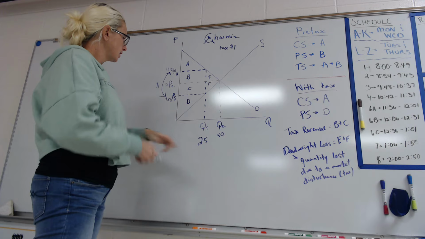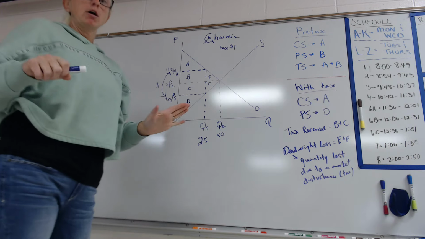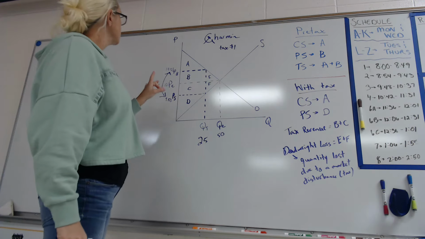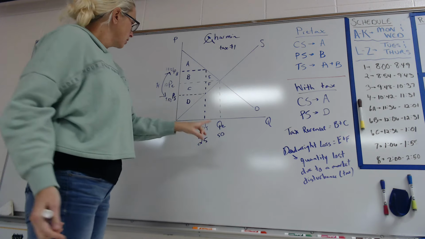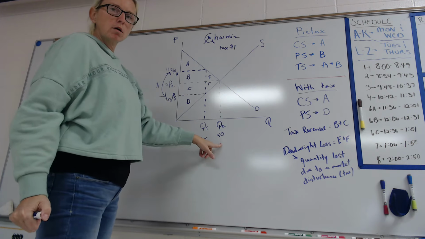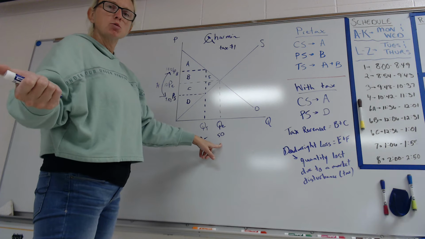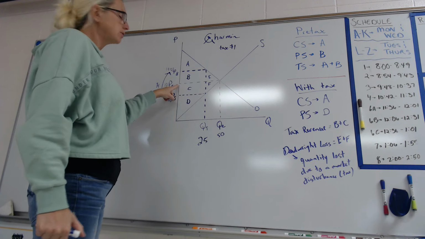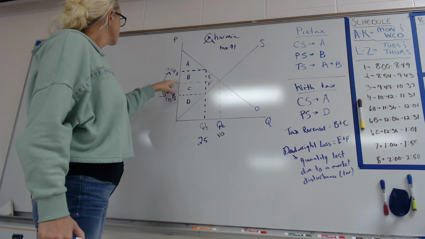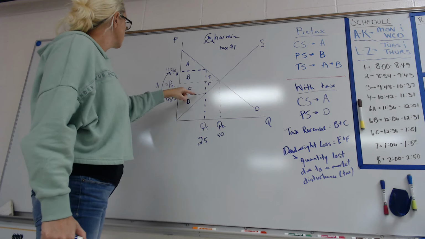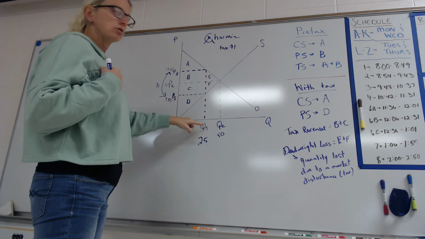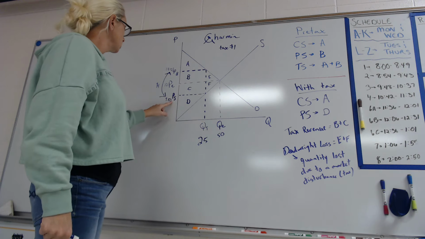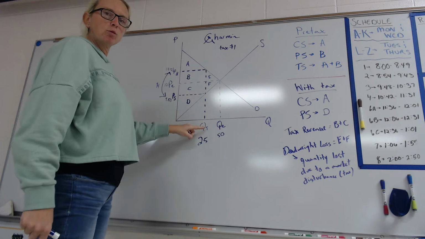So beforehand, before the government got involved and put in a tax, we see that in the market of Soviet Charmin toilet paper, 50 packages were being sold at a price of $10. But now that the government got involved and put a tax on it, and we have to pay a higher price, we're not buying as much. And since they're selling it at a lower price, they're not selling as much.